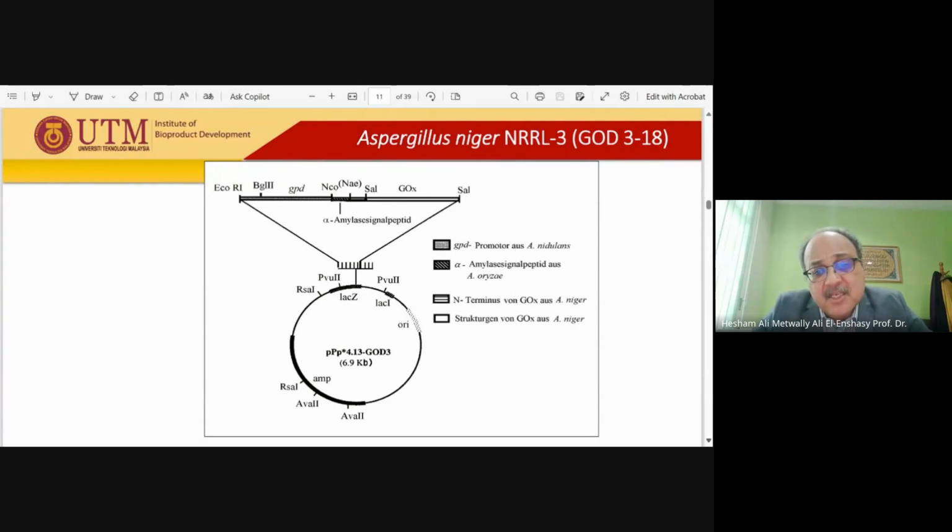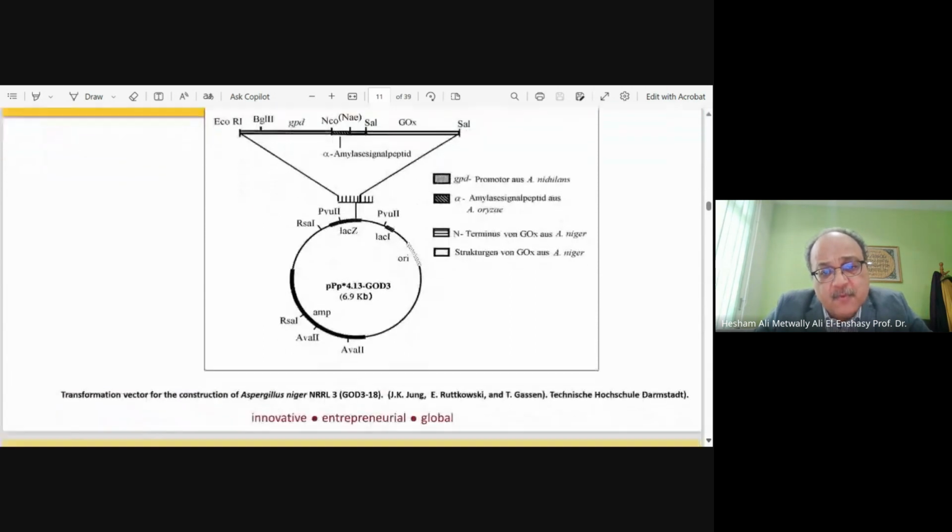Alpha amylase is usually excreted out of the cells. Once the cells have the alpha amylase signal peptide sequence, I can excrete the compound with the structural gene and N-terminus of glucose oxidase. Then the first problem of having an intracellular product was solved, and I have extracellular product through these techniques.